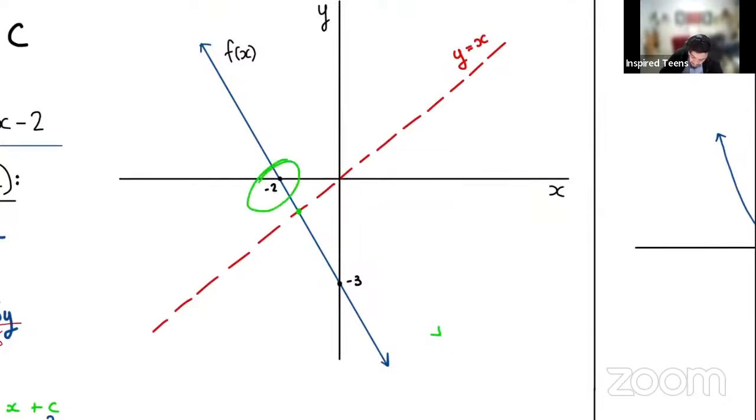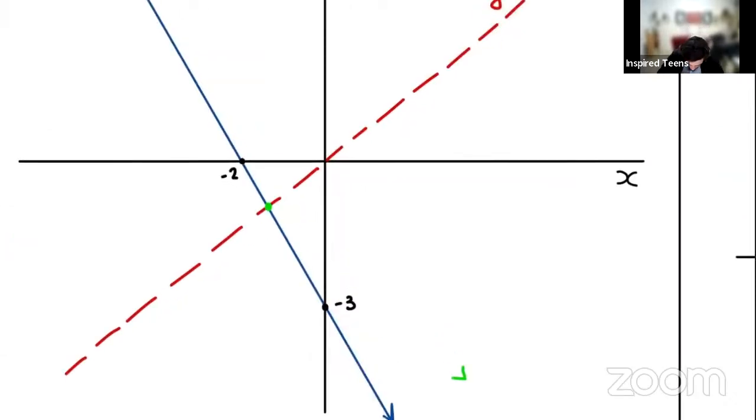The x-intercept is -2. So on our inverse, the y-intercept should be -2. I go to my y-axis and plot a y-intercept of -2, and this should be a point on our inverse graph.